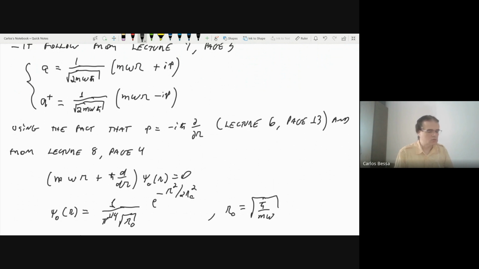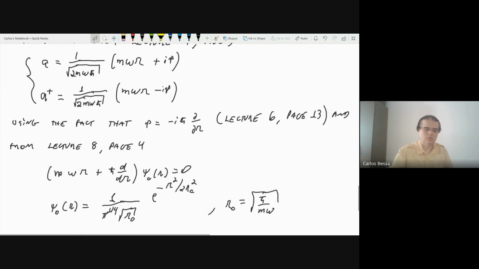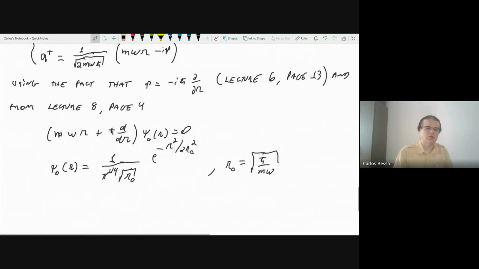Okay. And the general solution, this is for psi for n equal to 0, and for the general psi of n, we found this.